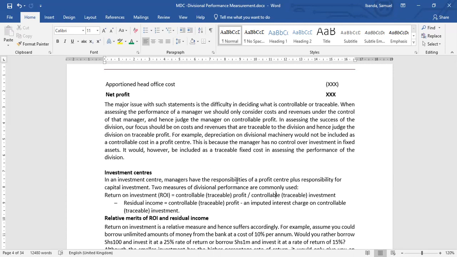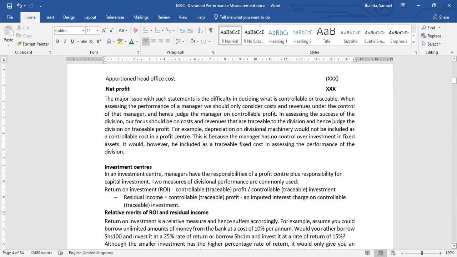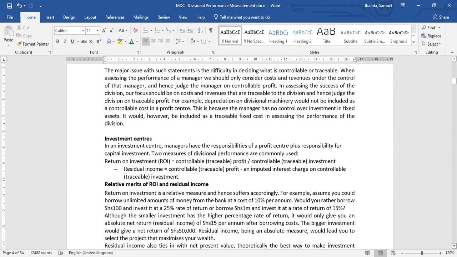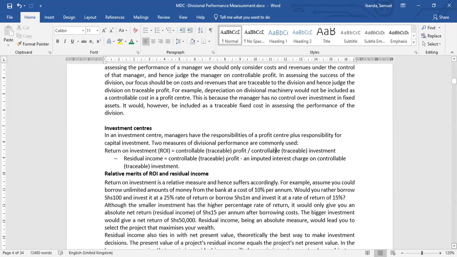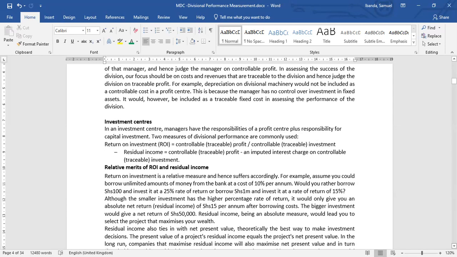So that is what we do. I know you know interest; interest is basically a charge on capital. There are different reasons why different organizations may choose to use either return on investment or residual income as measures of determining performance.